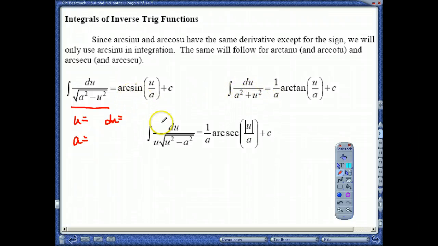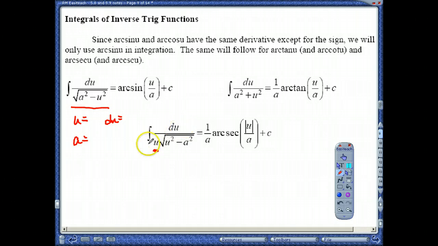Now for the arcsine and the arcsecant, it's kind of a little trickier. The trick is if your variable is the one that is negative, you've got arcsine. If your variable is positive, you've got arcsecant. Don't rely on this always being there, because if you remember from yesterday, we had an arcsecant and u was an exponential.